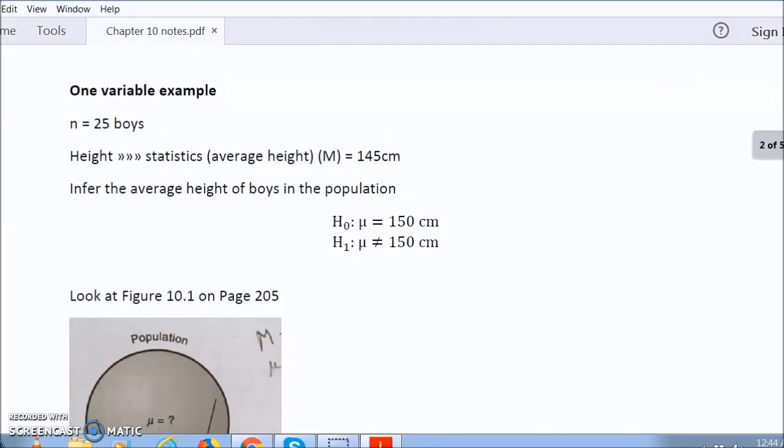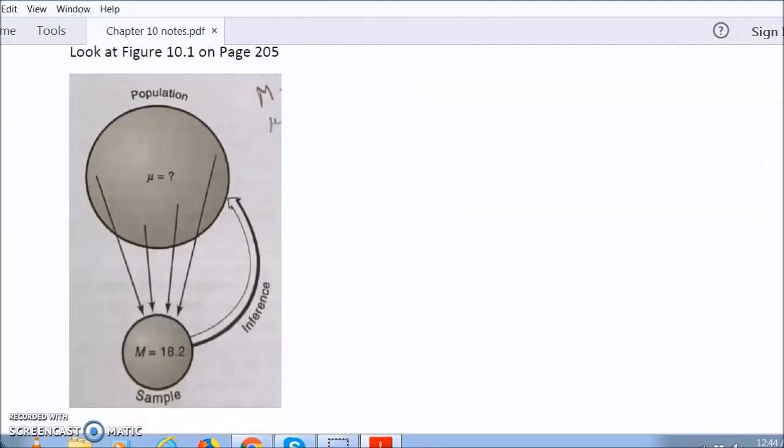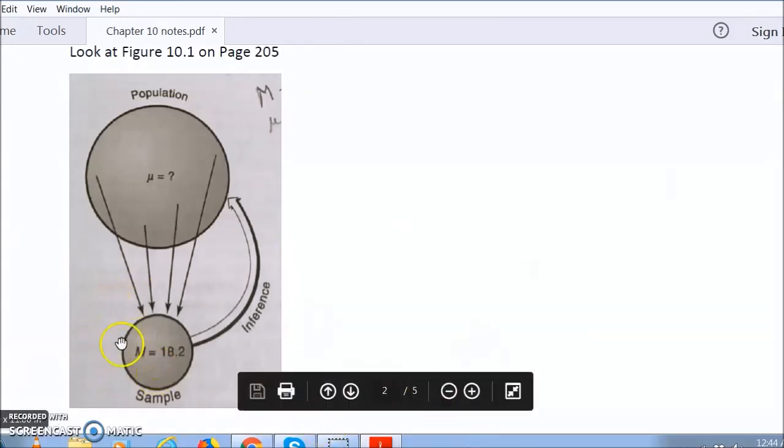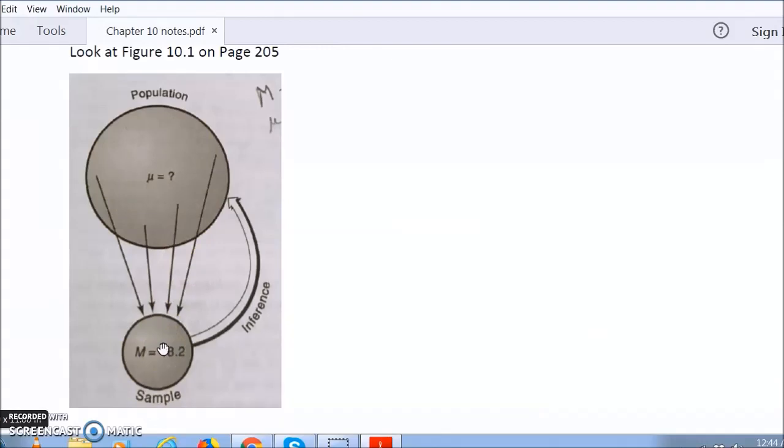Looking at figure 10.1 on page 205 of your book, you see that once again this is the population and we extract a sample from the population. We have talked about the different ways that you extract the sample from the population. It could be a simple random sample, or going from non-probability sampling, a convenient sample or a purposeful sample.